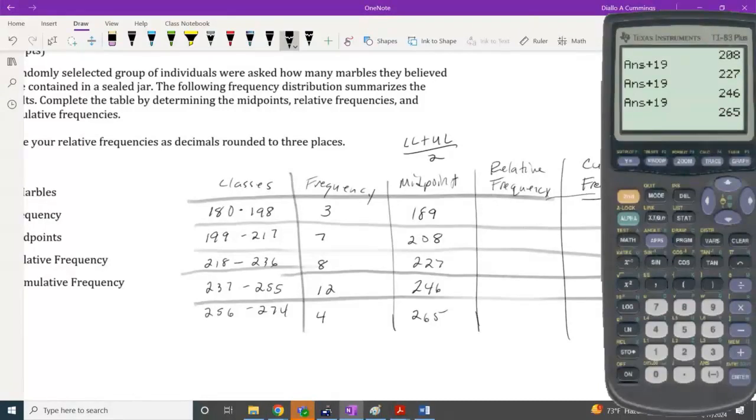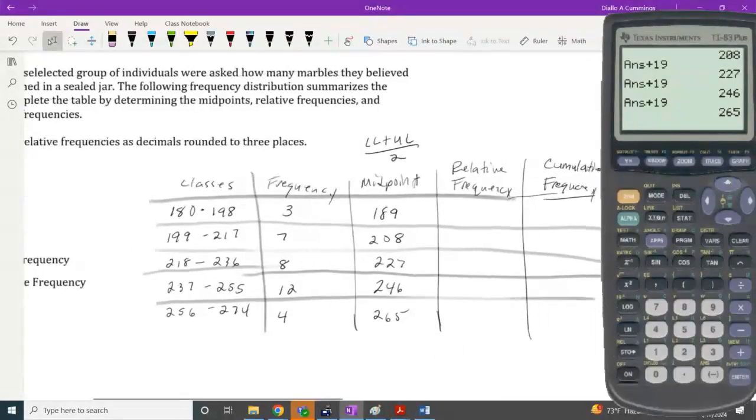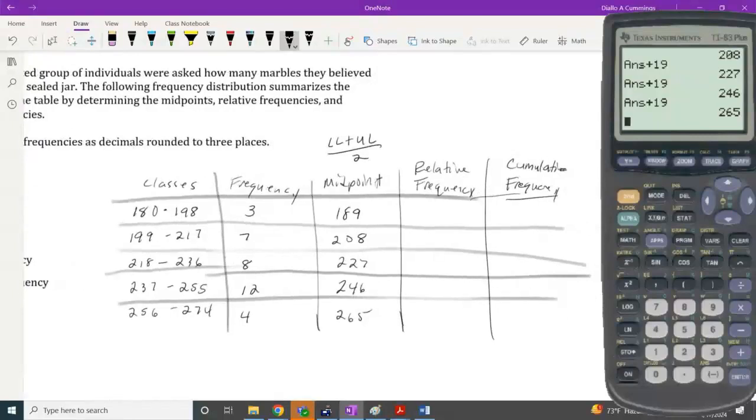So that's the midpoint. The next column is the relative frequency. In order to find the relative frequency, you take the class frequency and divide by the total frequency.